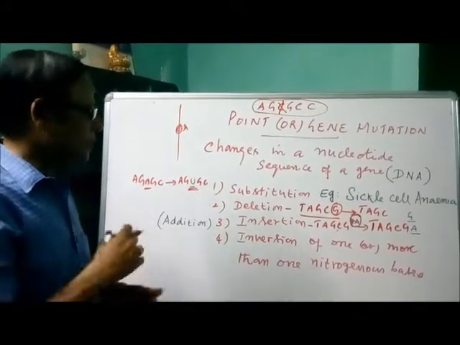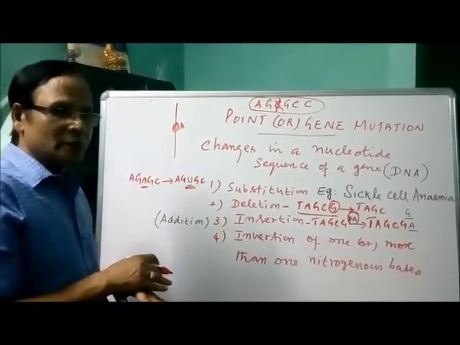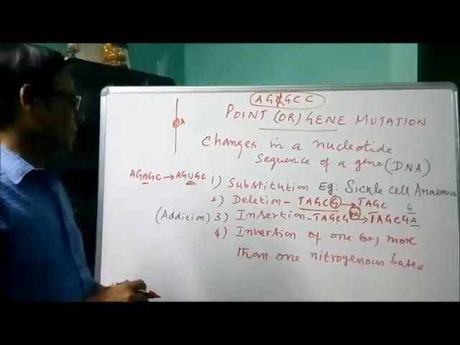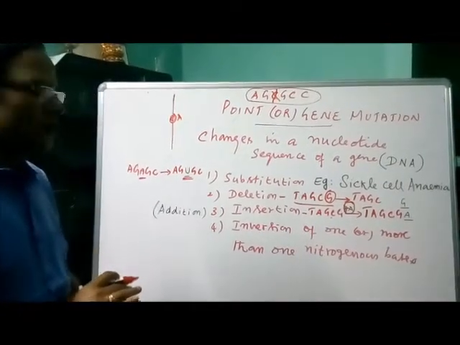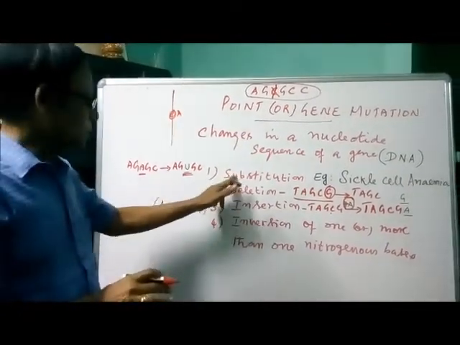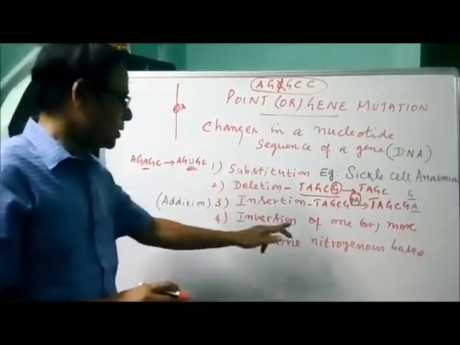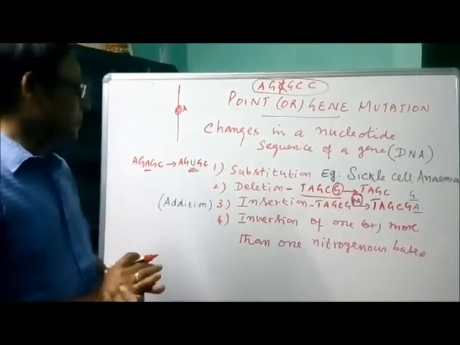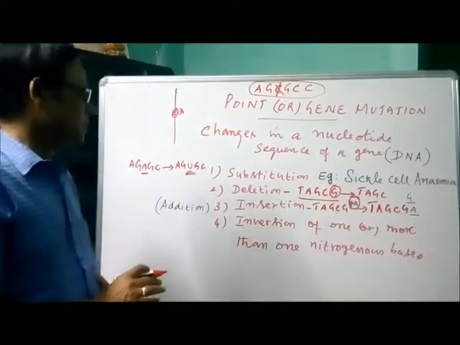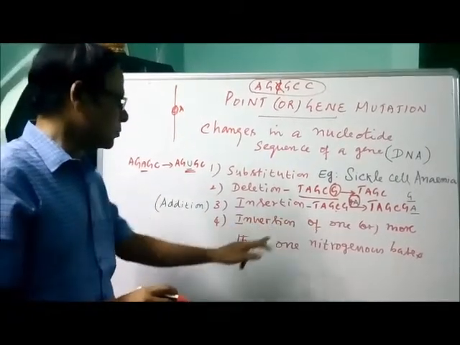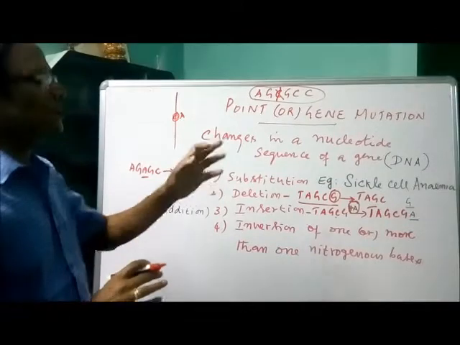Like that we also have inversion, a change in the sequence of bases in reverse order, and that is what is called inversion of one or more than one nitrogenous base. So substitution, deletion, insertion, or inversion of one or more than one nitrogenous base are the main causes for the point or gene mutation.